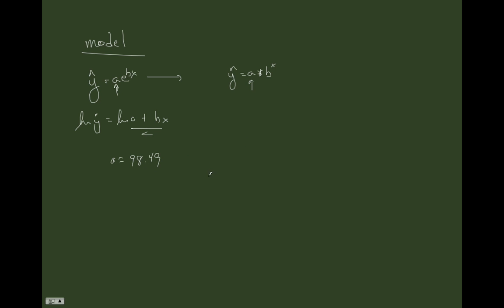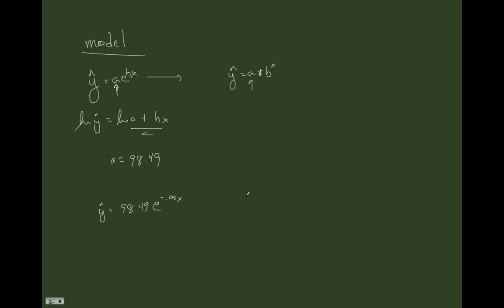But what's really happening here is, let me write down the two versions of the model. The one I had was y hat is equal to 98.49 e to the negative 0.05x, okay?